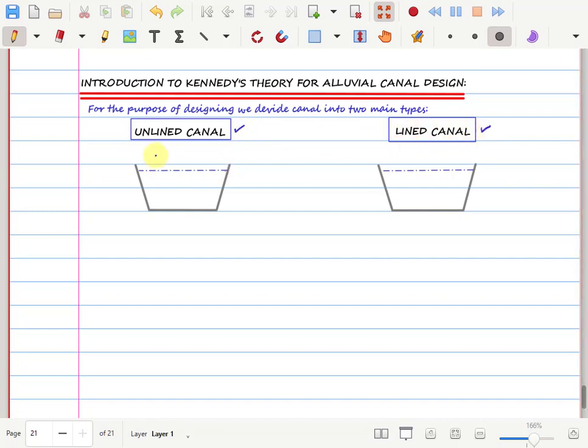We have already defined unlined canal and lined canal. Let me revise it for you guys to remind it again. What are unlined canals?